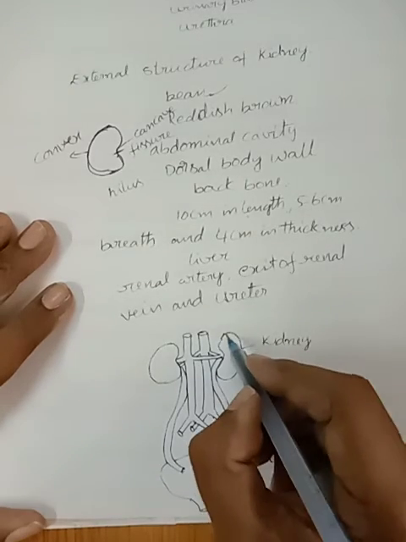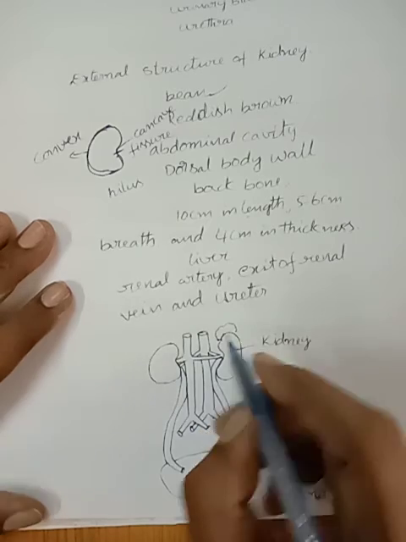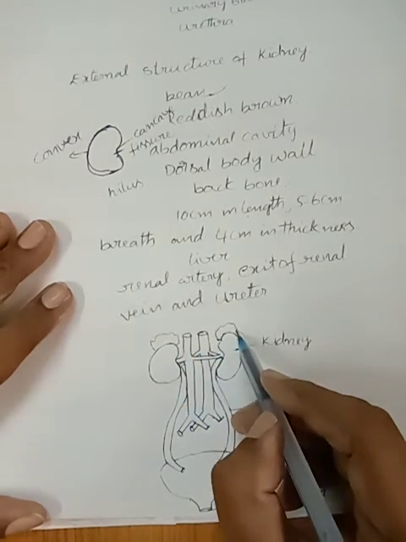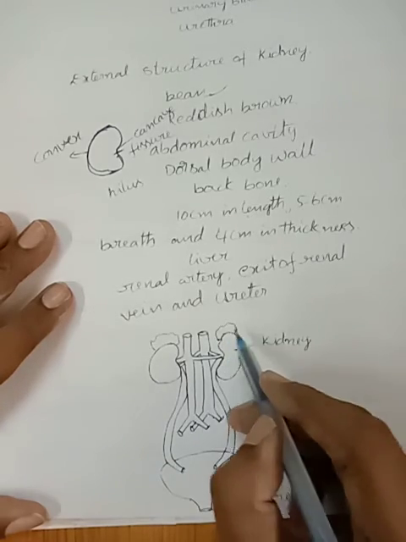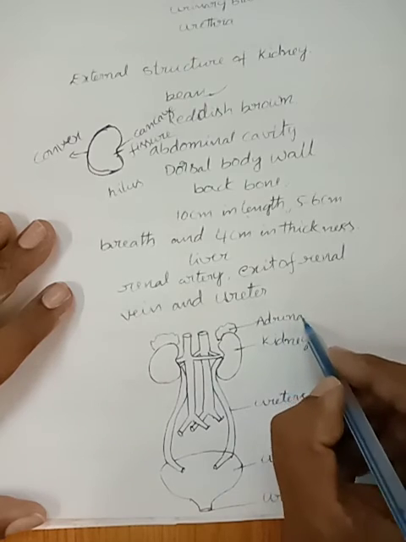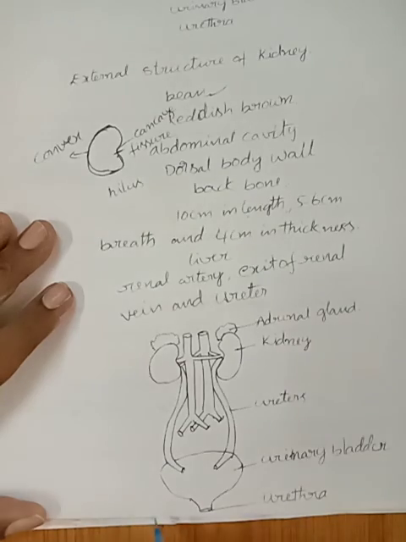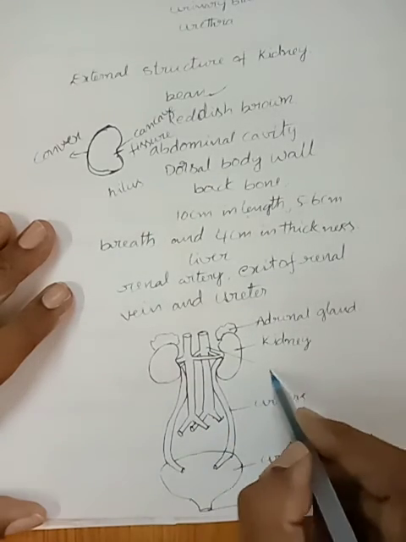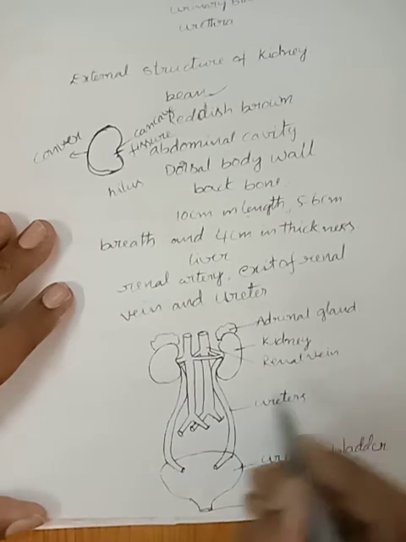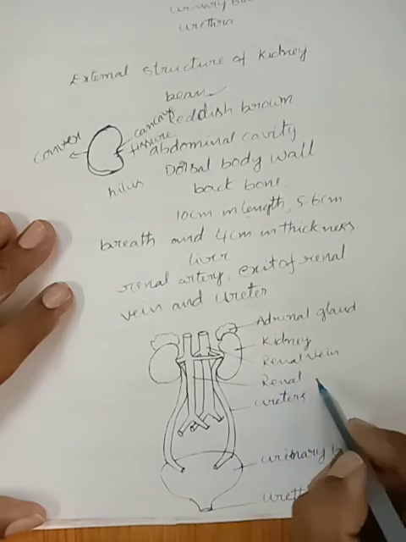On each kidney, there is a yellow colored crown-like structure present above the kidney. This is known as adrenal gland. This one is renal vein. This one is renal artery.